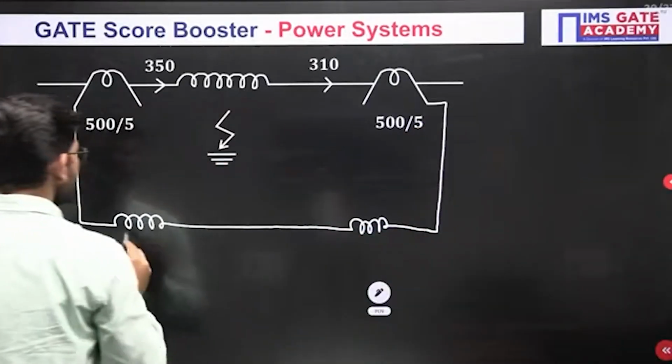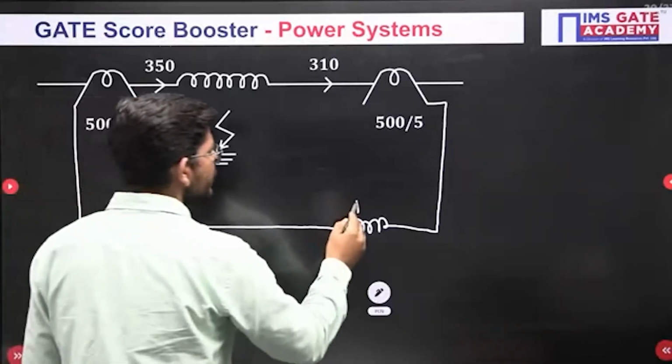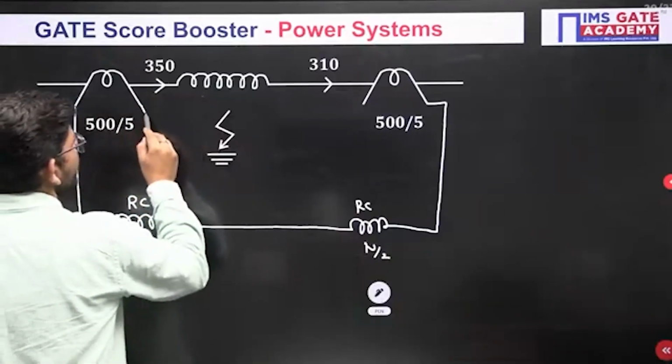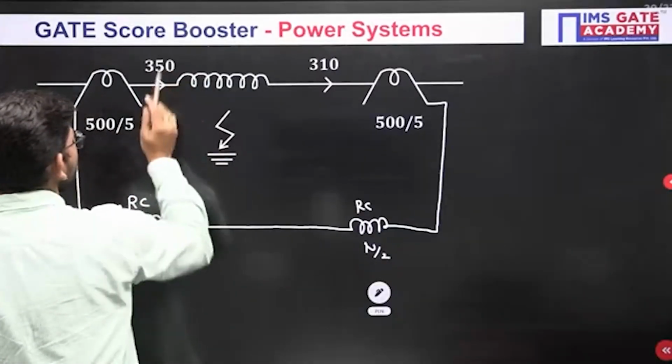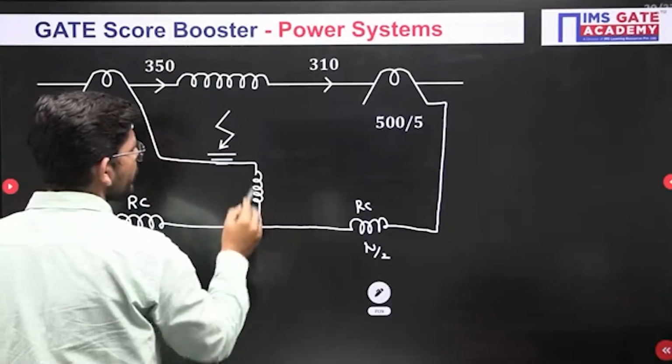This is the restraining coil having N by 2 turns, and we have the operating coil as well.